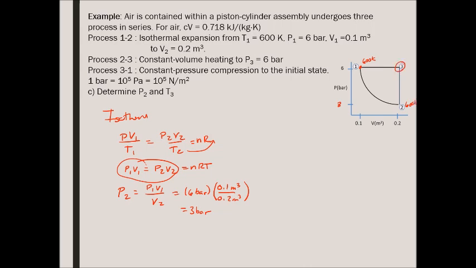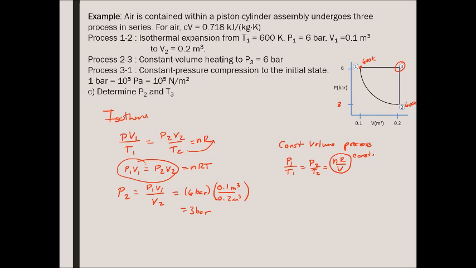So we're going to find the temperature for state 3. For the constant volume process, we're going to use the same argument that we did before, except now it looks like P1 over T1 is equal to P2 over T2, which is equal to nR over V, because remember this is everything that remains constant.